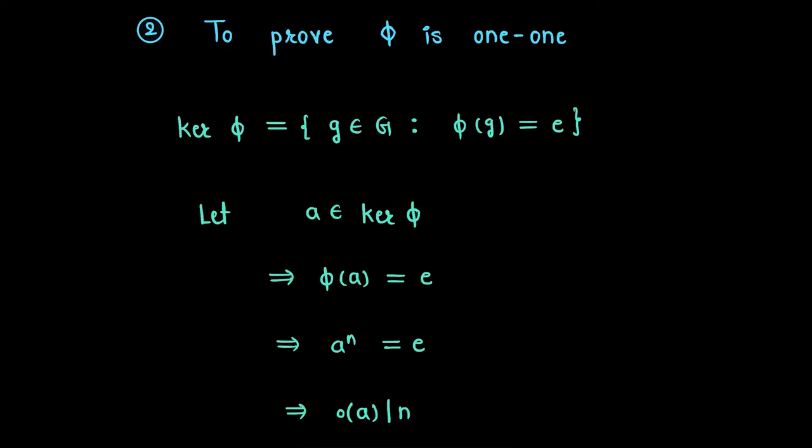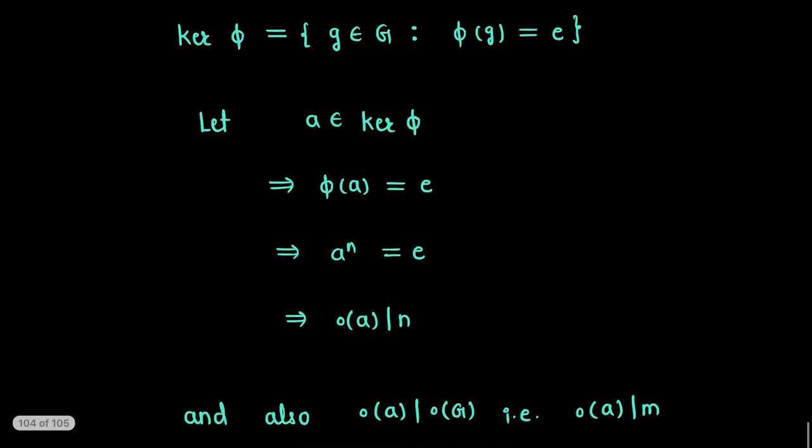So let a be any arbitrary element in kernel phi. Then from the definition of kernel phi we have phi of a equal to the identity, that is, a to the power n will be equal to the identity, since phi of a is a to the power n. Now if this happens, we must have that the order of element a divides n. This follows from Lagrange's theorem.